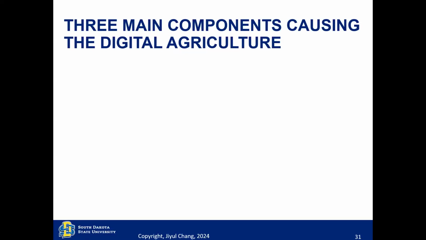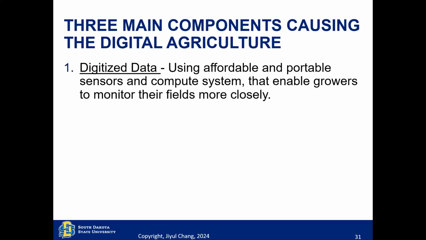There are three components that make up a digital agriculture system. First one is the digitized data. Every data should be digitized. Then you upload this digitized data to the cloud, your computer, or the apps, and then in the cloud they analyze the data.